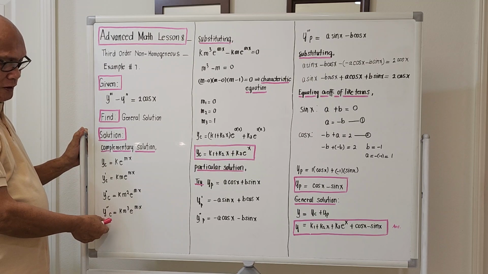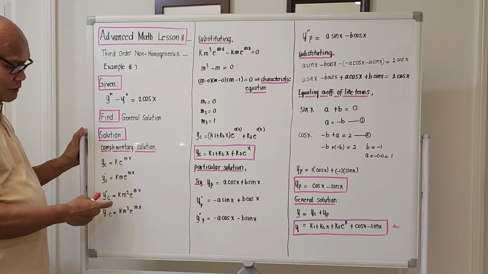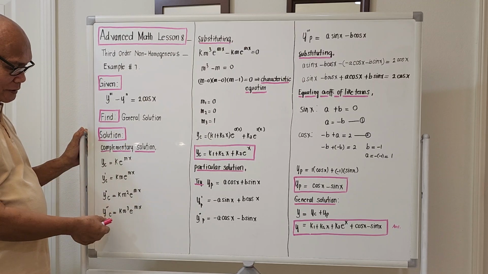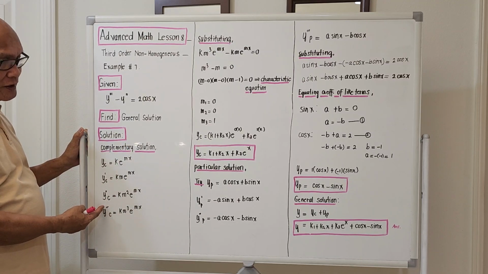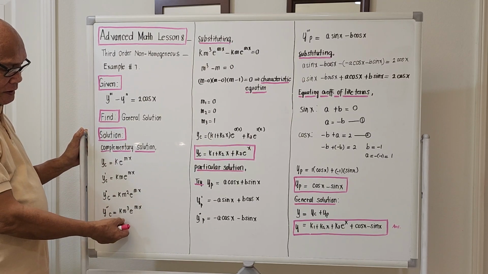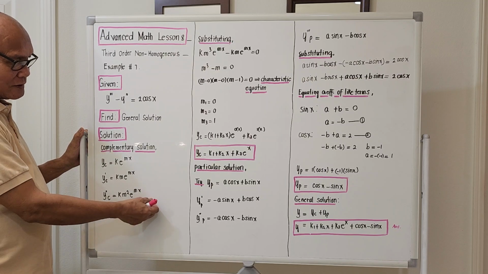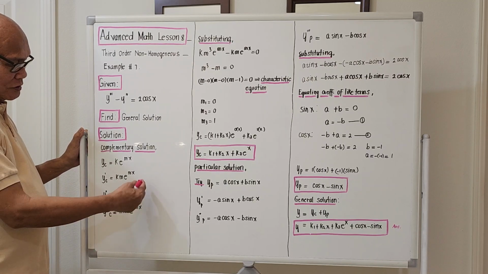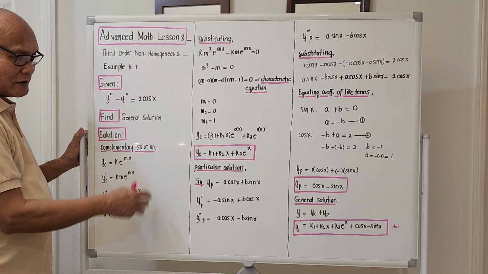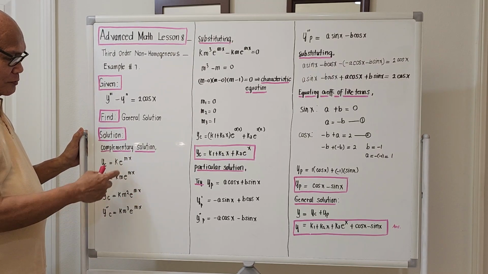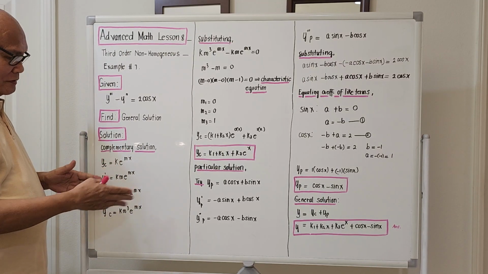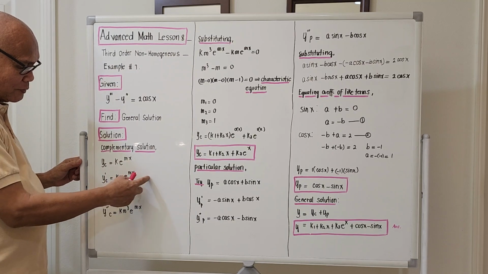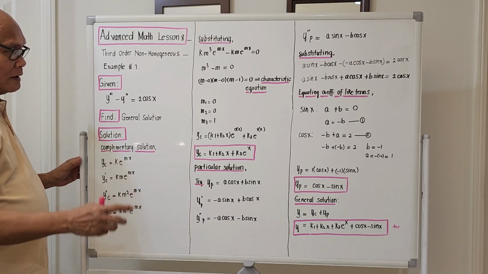The third derivative will be the derivative of the second derivative. What will come out will be the third derivative, y triple prime of c, equal to km cube e to the mx. This is just pure differentiation, guys. Exponential function and constant, so it will be km square and km cube e to the mx.